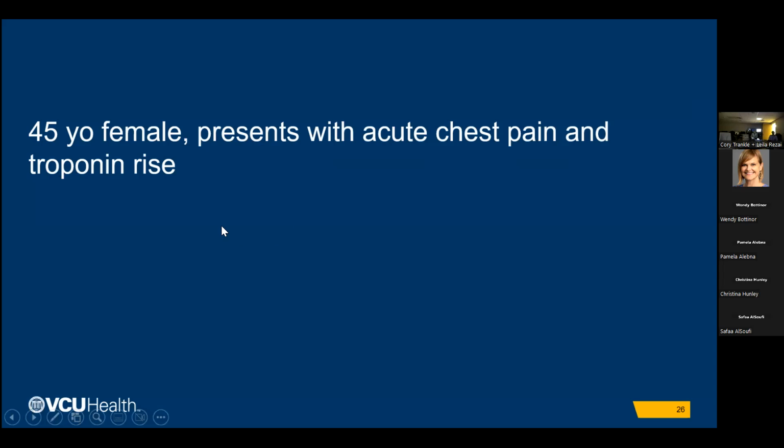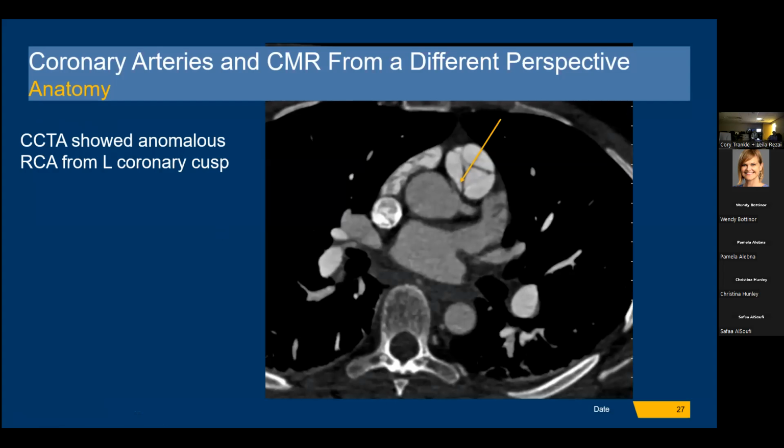This is one of my favorite cases, and we had similar case scenarios in the past few years. This younger lady came to the hospital with chest pain, and she had a troponin rise and basically a non-STEMI presentation. She initially was sent for a coronary CTA. The coronary CTA revealed anomalous origin of the right coronary artery from the left cusp with an interarterial course.